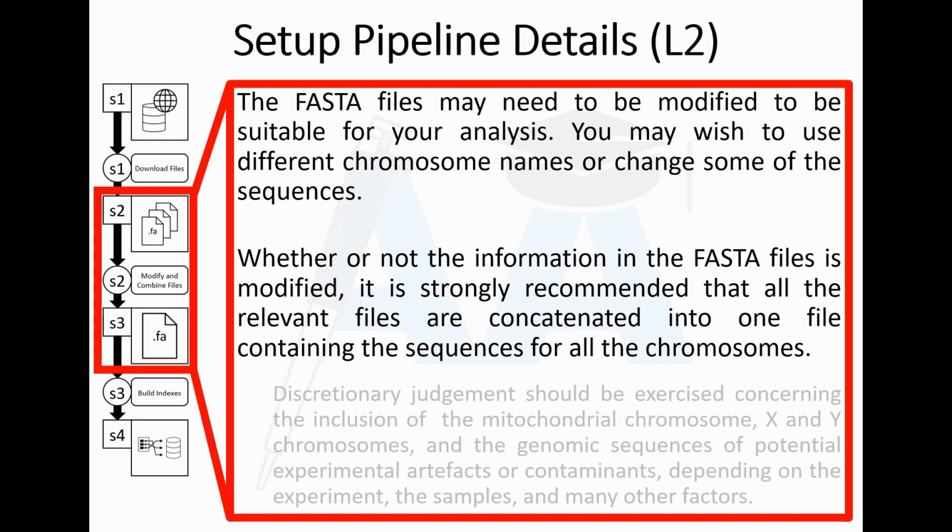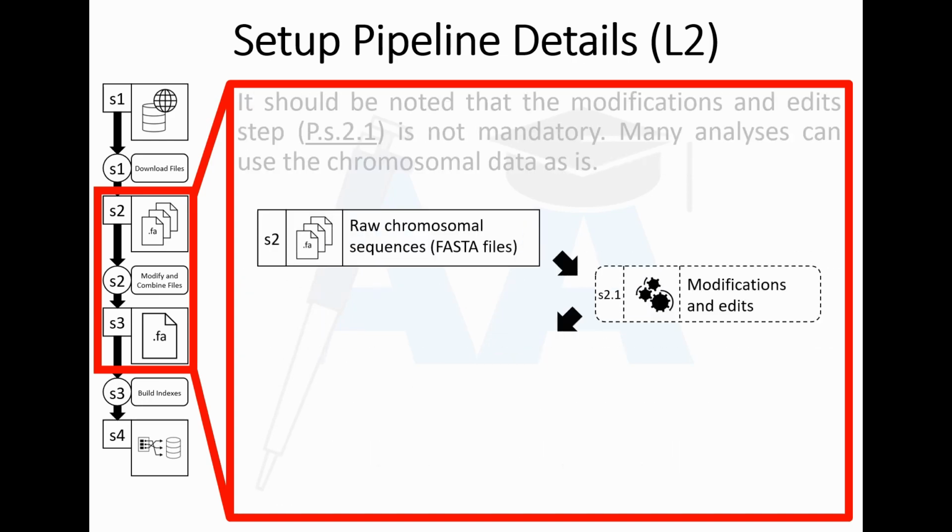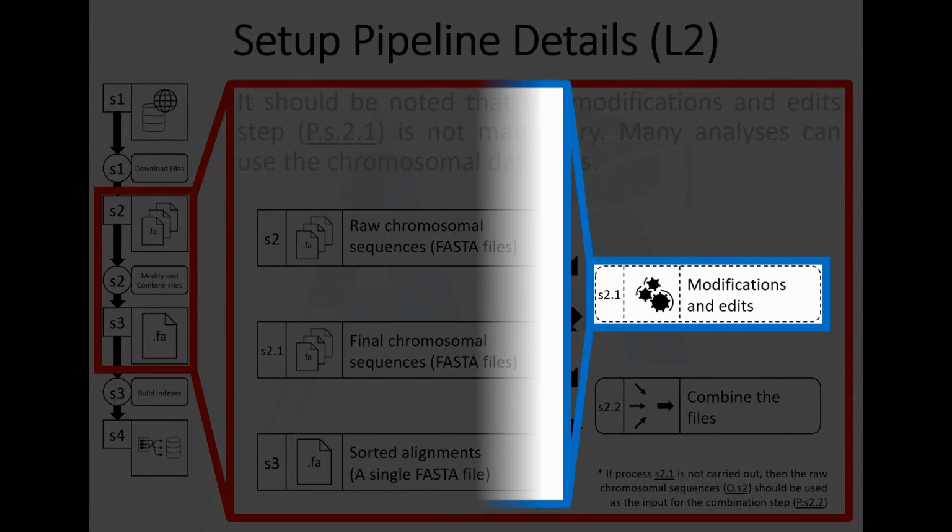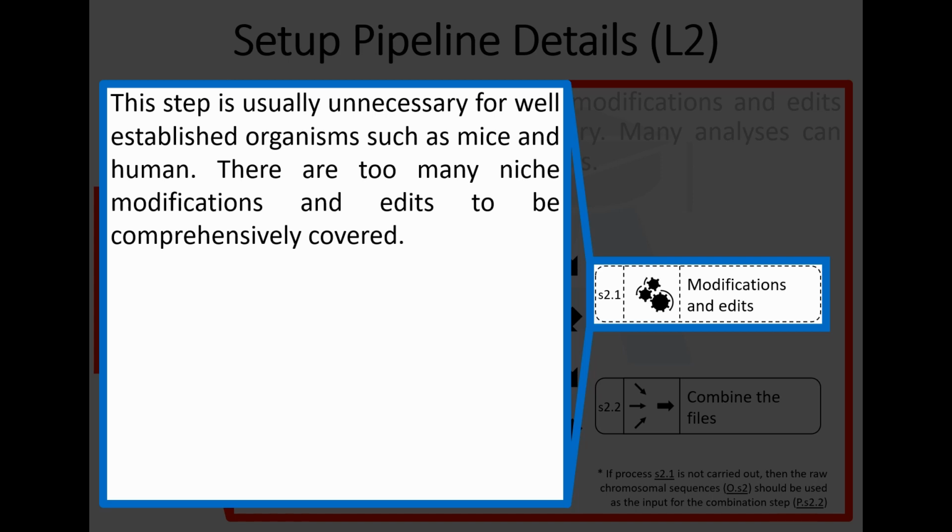Depending on the experiment, you may or may not wish to include mitochondrial chromosomes, X and Y chromosomes, and or the genomic sequences of potential experimental artifacts as pseudochromosomes. Making modifications and edits to the chromosomal data is usually unnecessary for well-established organisms such as mice and humans. For cases where modifications and edits are warranted, there are simply too many to be comprehensively covered.